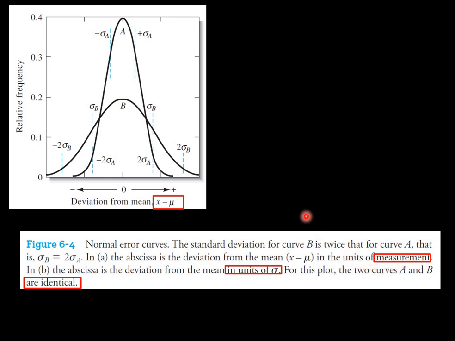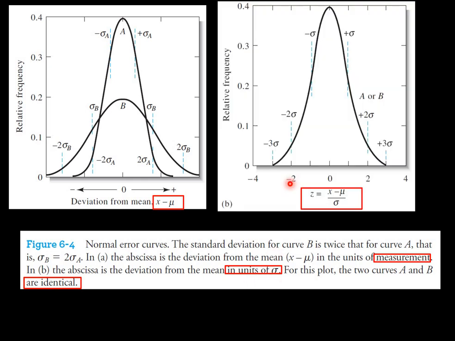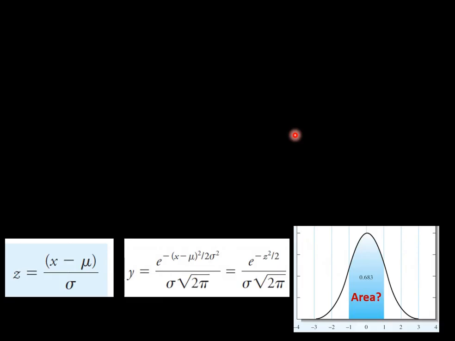But if we measure in the unit of sigma, and plot not against x minus mu but against z, where z is x minus mu by sigma, then we get the same single curve for both A and B.